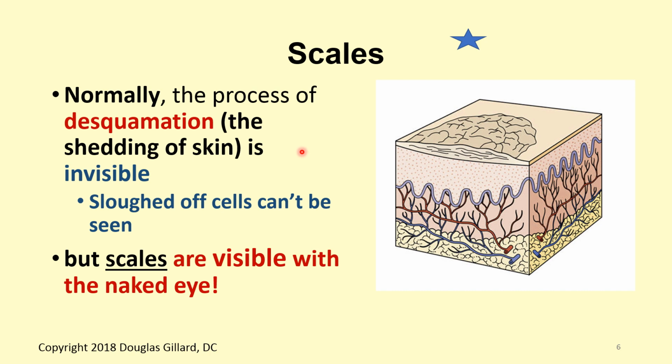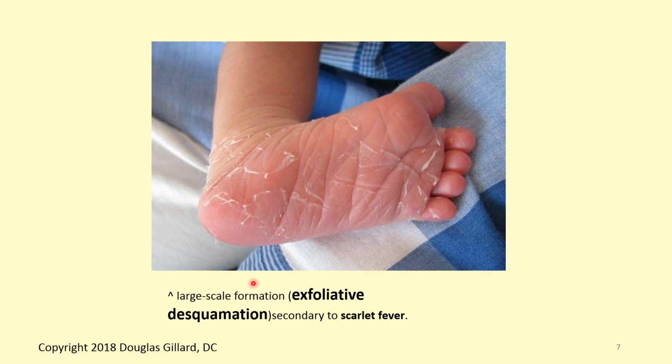Normally you can't see that sloughing, but with scales they're stuck together so you can actually see them with the visible eye. Here's a little guy with scarlet fever, and these are perfect examples of scales or squames or whatever you want to call them. We'll call them scales. So this would be called an exfoliative desquamation, secondary to scarlet fever.